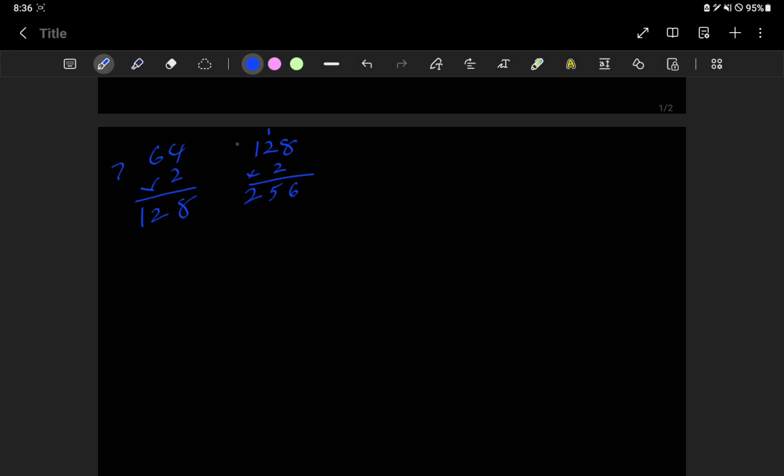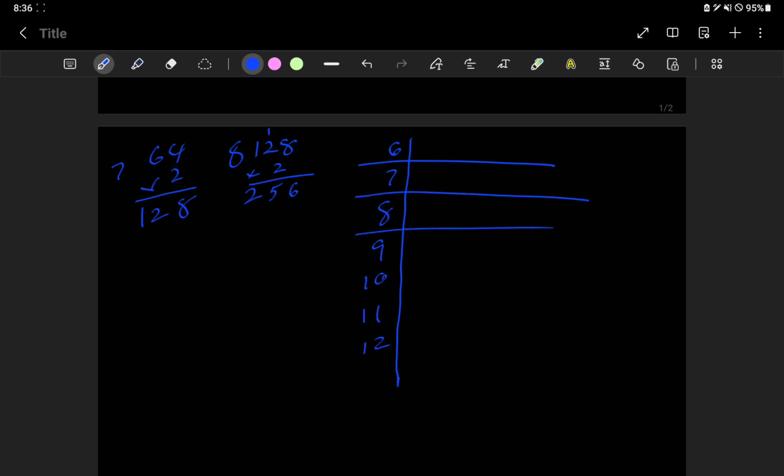Because that's 7, that's 8. Or we can sit there and make a table. Now, I know a lot of people don't like tables. But a table is a nice, organized way of keeping track of things.